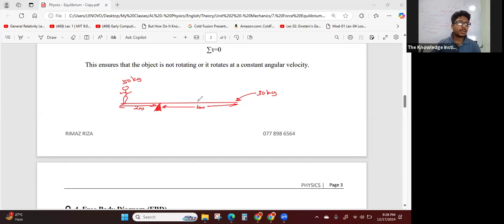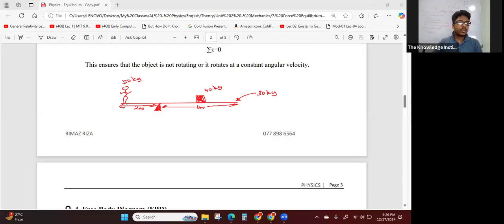And here an object, let's say mass is 40 kilogram. The plank is uniform and has a mass of 30 kilogram.